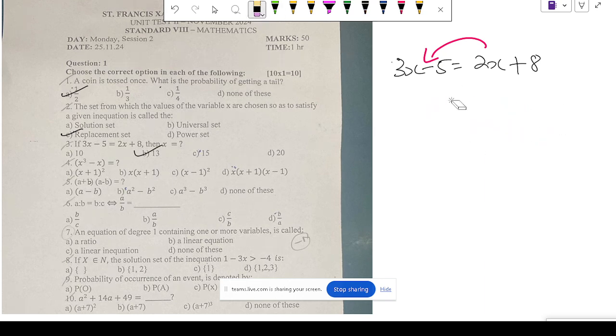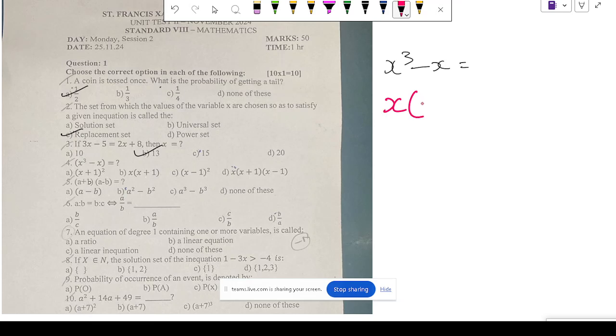So the next one I wrote D, sir. Explain. X cube minus x. Factorize this. When you factorize, what is common? You have to keep x separately, sir. X is common. What do you get?